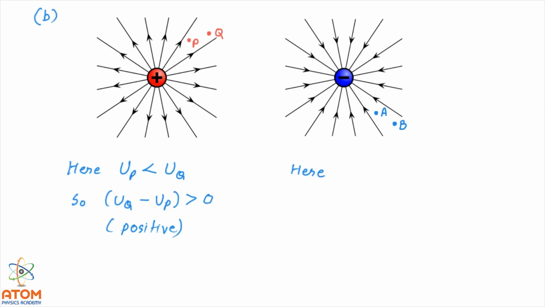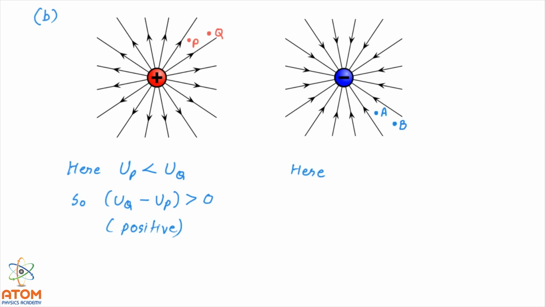Now, the more the repulsion, the more the potential energy. And that's why we can say at point A the potential energy will be more, and at point B the potential energy will be less, because point B is at a far distance, so the repulsive force will be less, and that's why the potential energy will be less here.